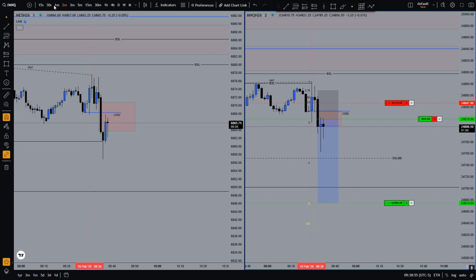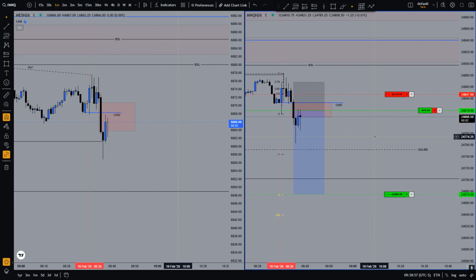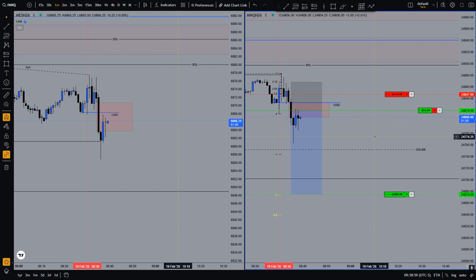So yeah, this is clean. We're just gonna sit here on our hands and be patient and watch. Stop is protected, in a great spot. Change in state gets tapped.